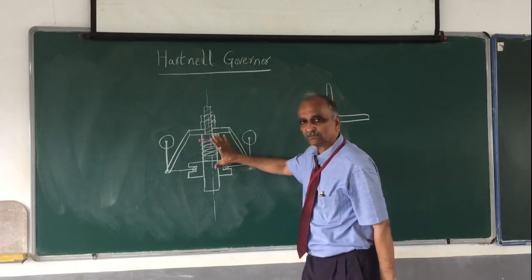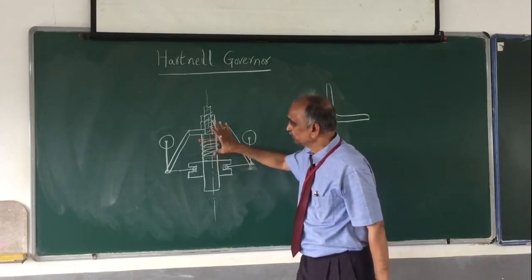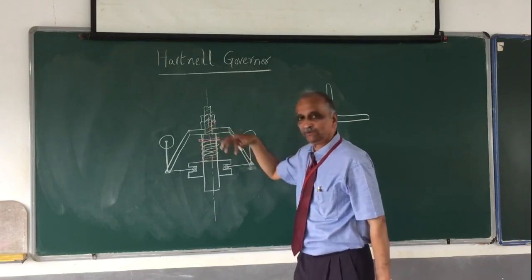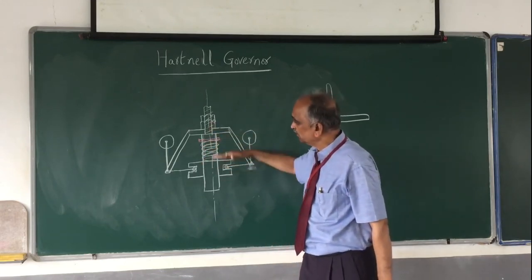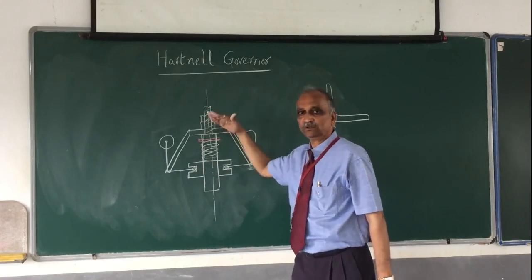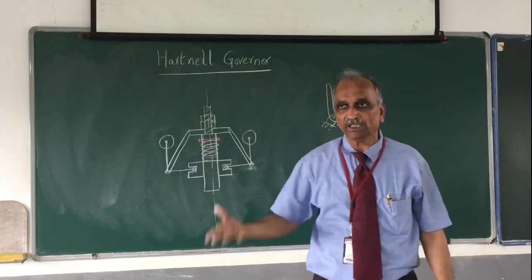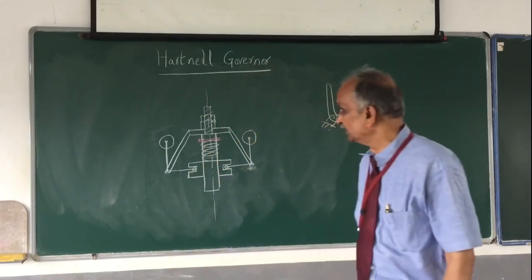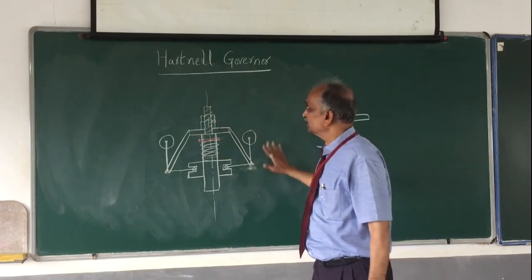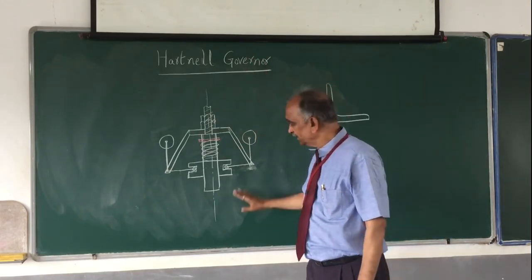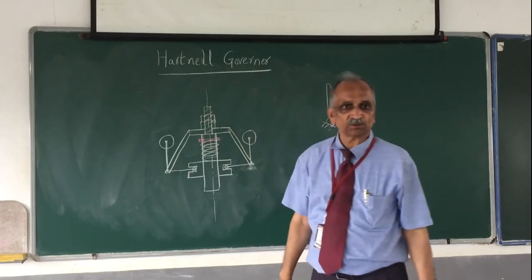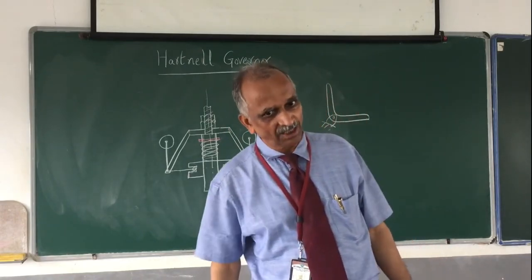There is expansion of the spring, and therefore the load due to the spring on the sleeve is going to decrease. That is how the load on the sleeve changes continuously depending upon the compression of the spring. So this is how the Hartnell governor looks, and we shall see the analysis of this in our next class. Okay, thank you.